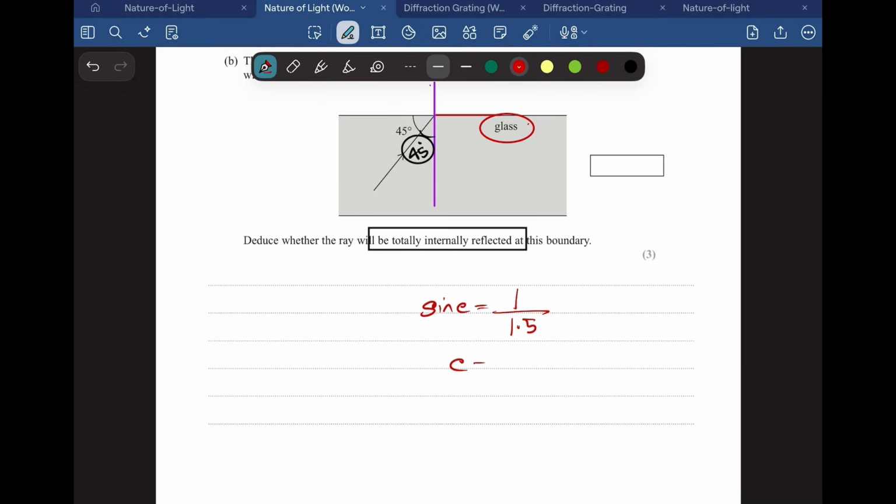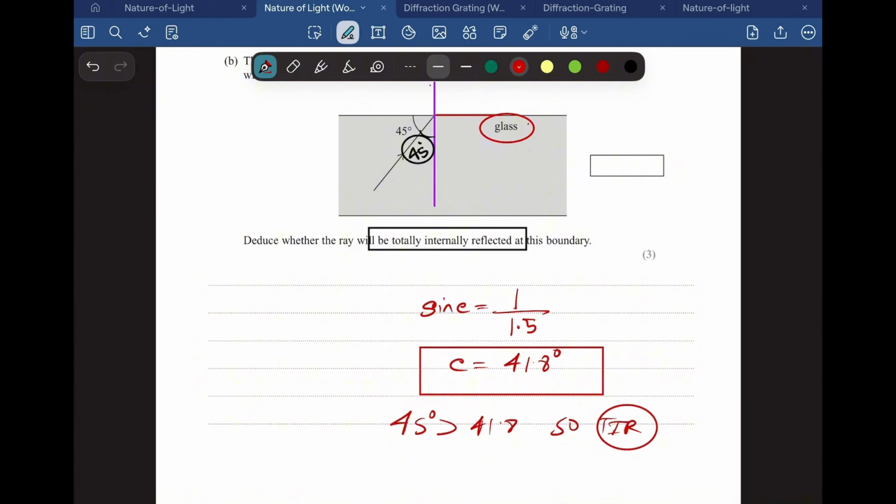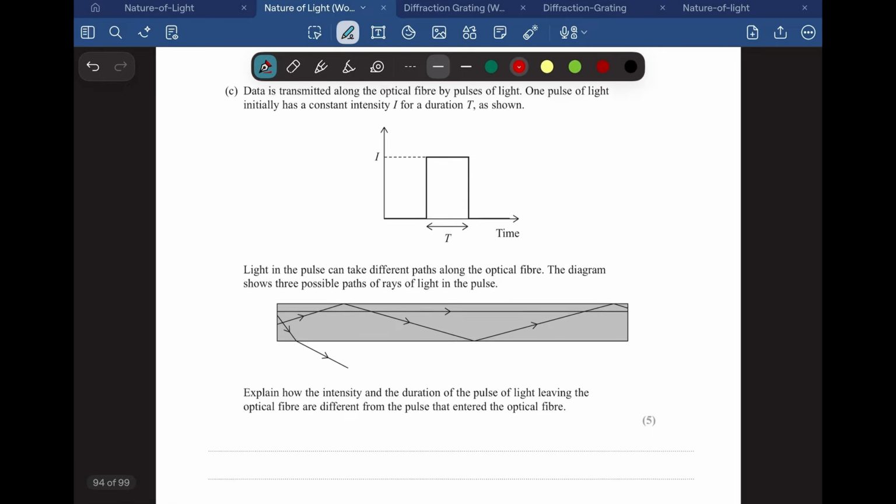So here c will be 41.8 degrees. We can see that the critical angle is less than the angle of incidence. As the angle of incidence is greater than the critical angle, there is total internal reflection. You should not write it in short words like me; you should write total internal reflection in full words.